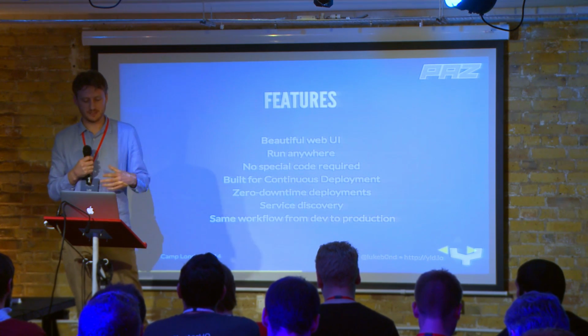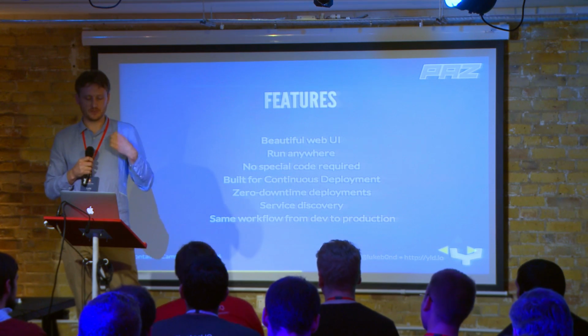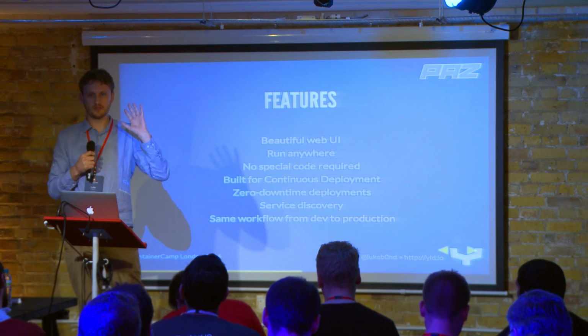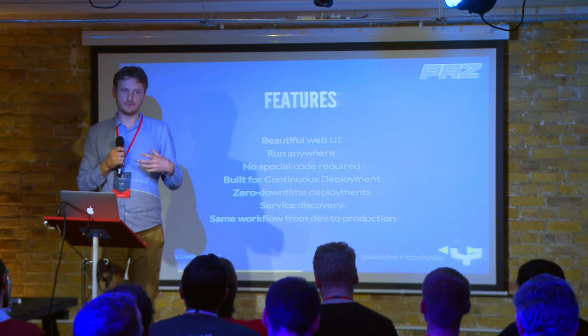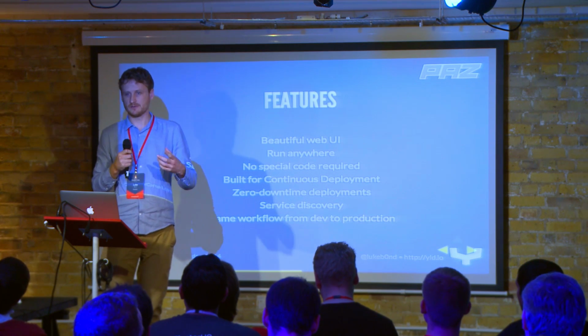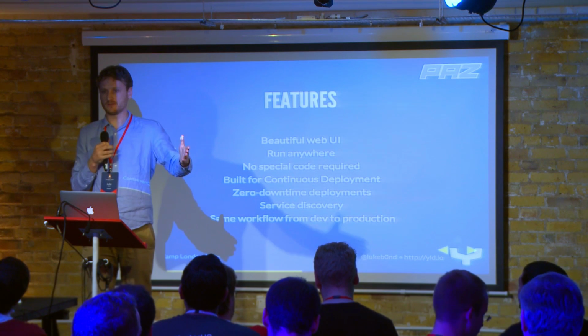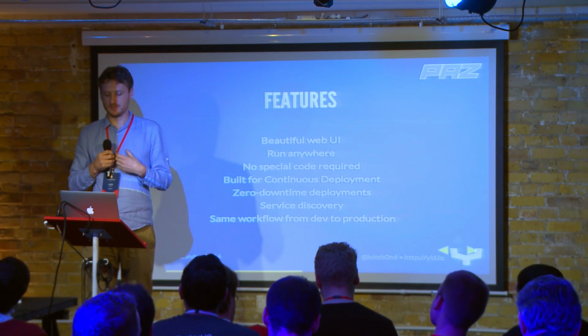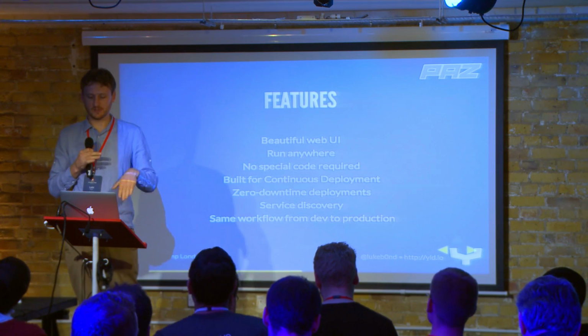And related to that is zero downtime deployments and service discovery. If you're going to do continuous deployment, and on every commit you're going to end up deploying some version of your services, then you do need zero downtime deployment and service discovery so that one service can talk to another without having to worry about which version it is. And you have some sort of load balancers that manage the traffic as these things come and go.